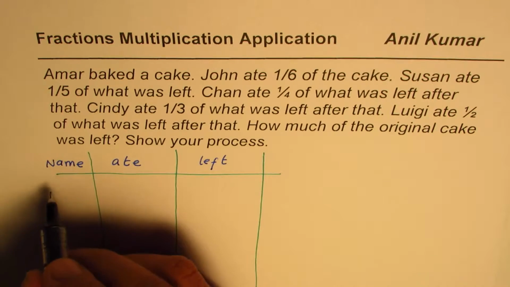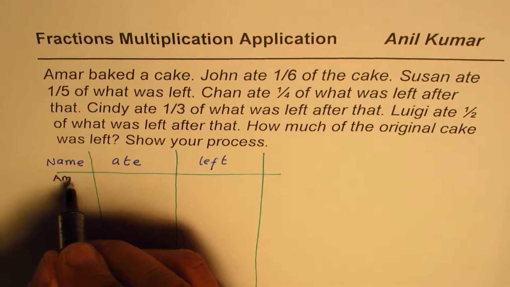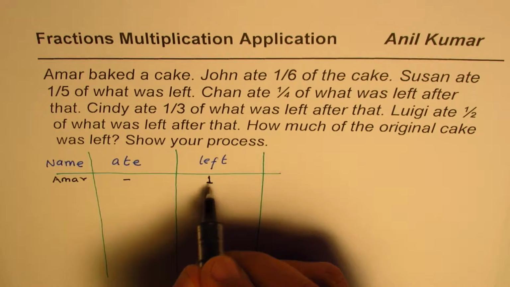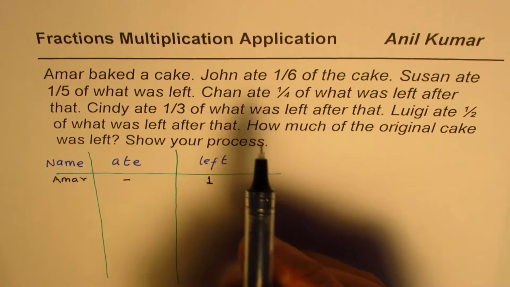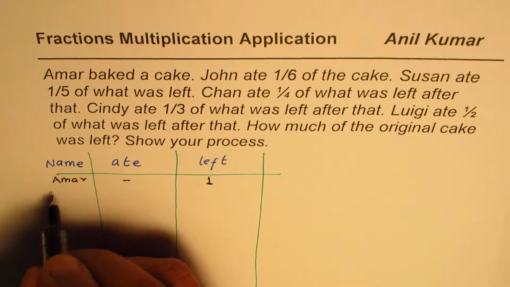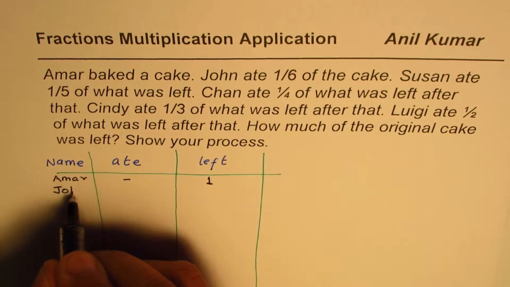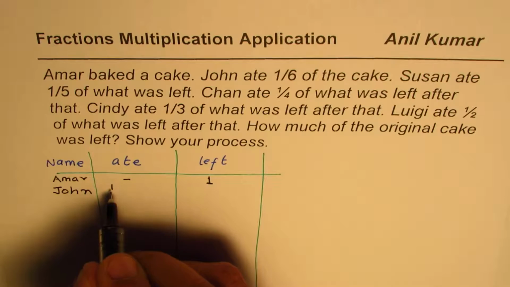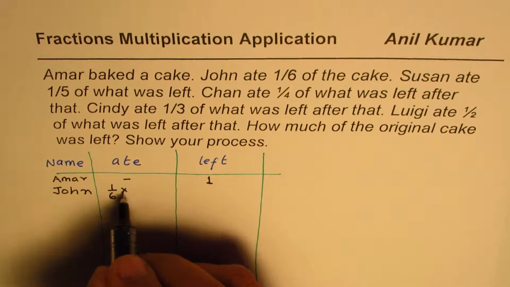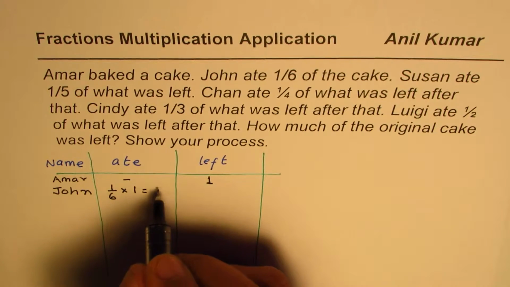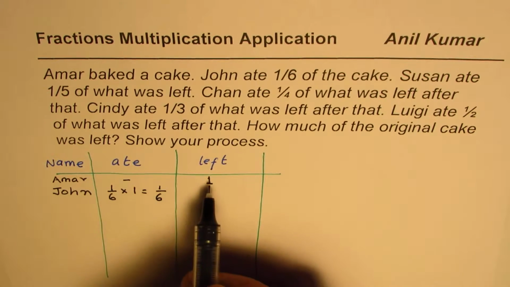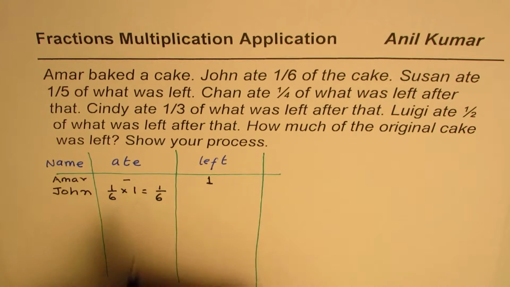Let's begin with the very first statement, which says Amar baked a cake. So we're talking about Amar, who really baked a cake. He didn't eat anything, and so that means 1 whole is there. Then John ate 1/6 of the cake. So John ate 1/6 of 1, which is 1/6. Now what is left? From 1, John ate 1/6.